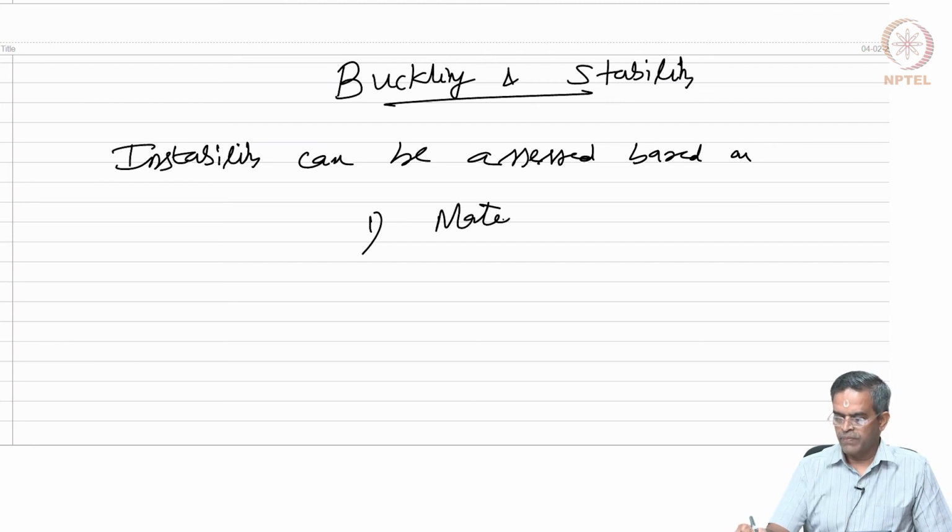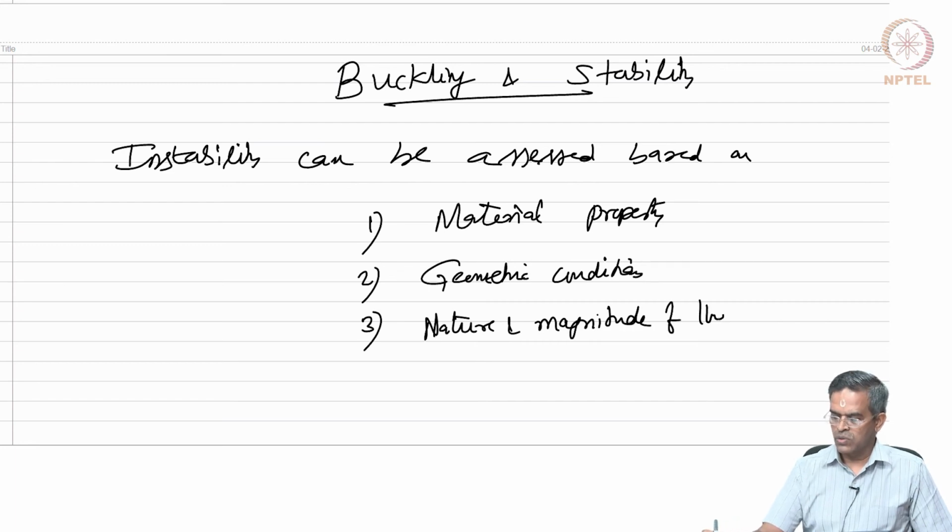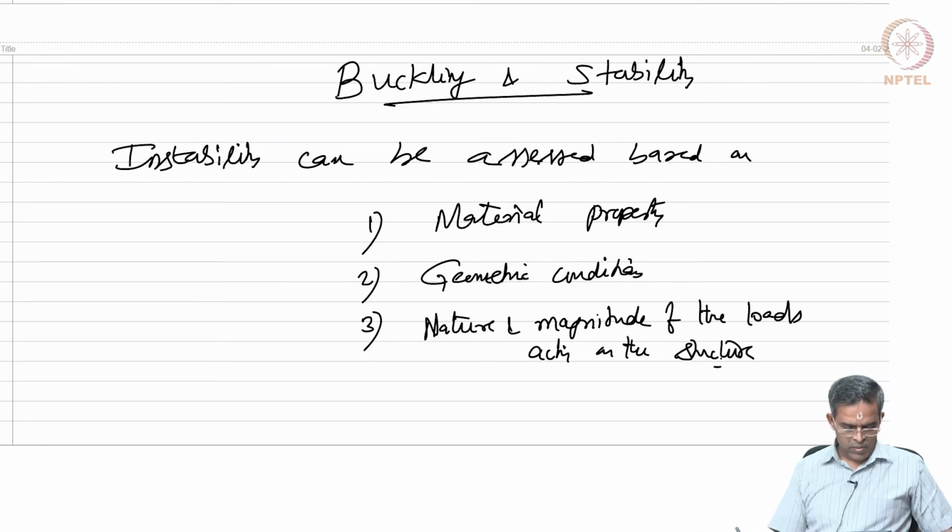Material property, 2. Geometric conditions, 3. Nature and magnitude of the loads acting on the structure. Okay, it's a standard thing.